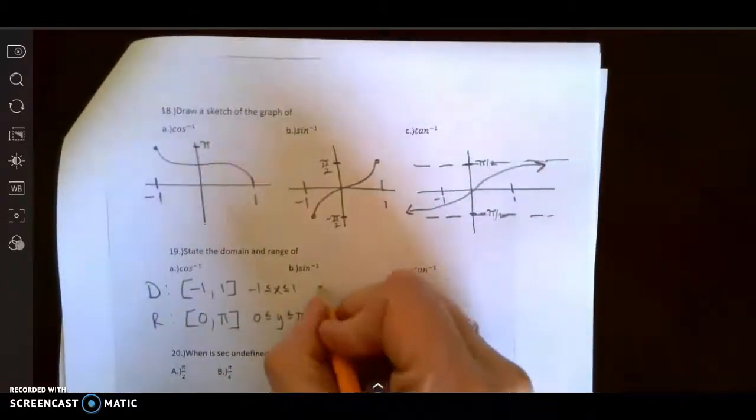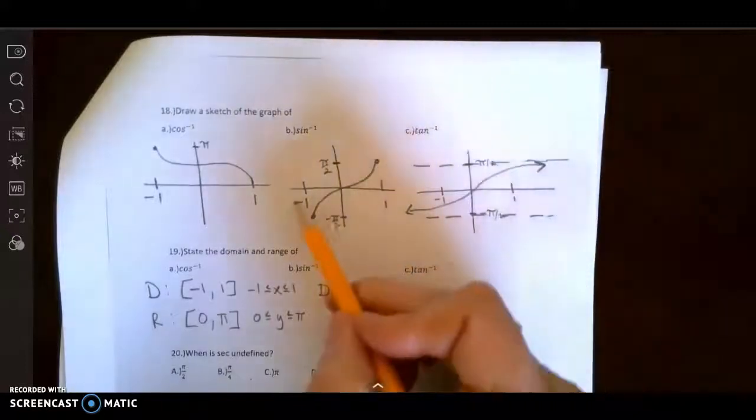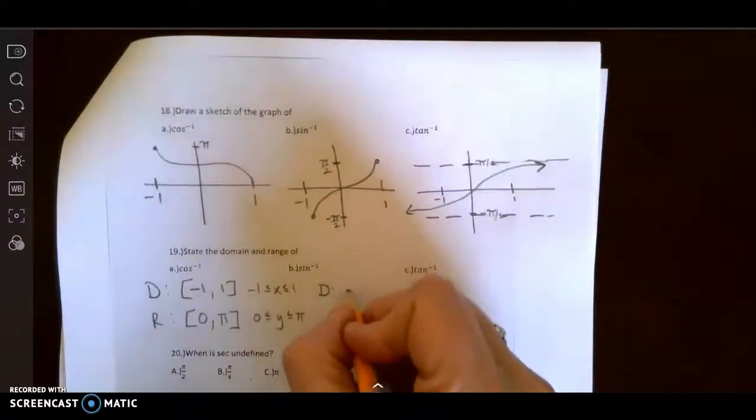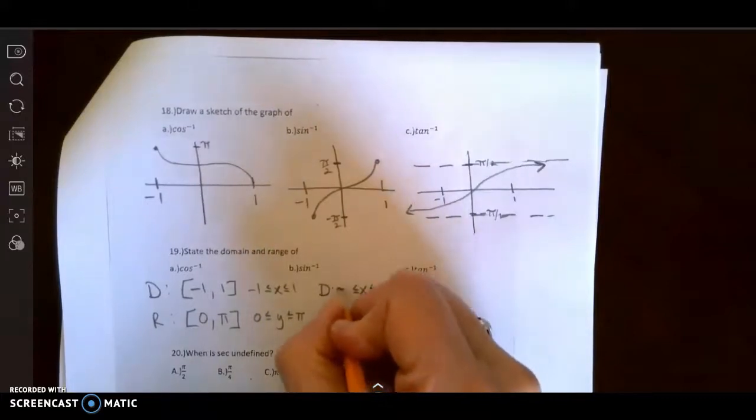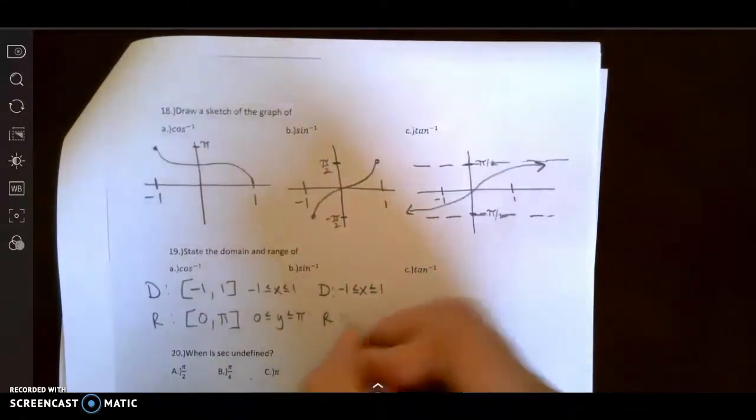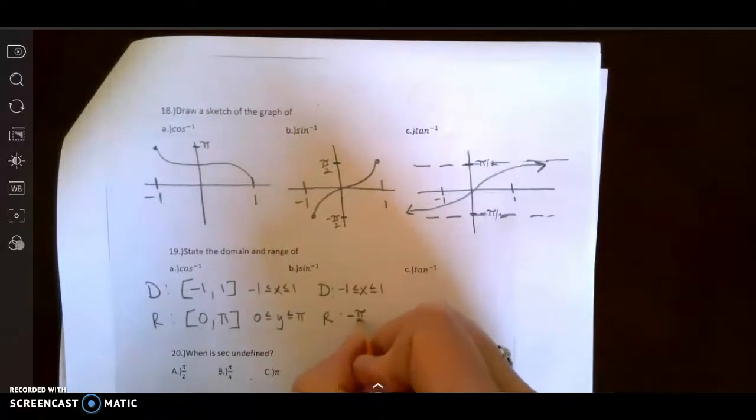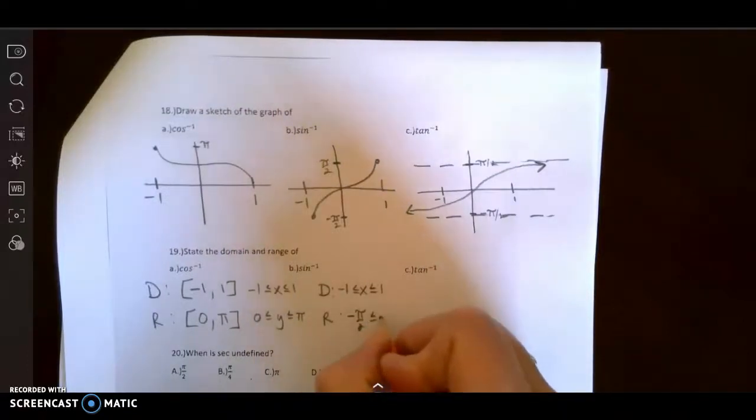For inverse sine, the domain is again -1 to 1. Let's do it this way. And the range goes from -π/2 to π/2.